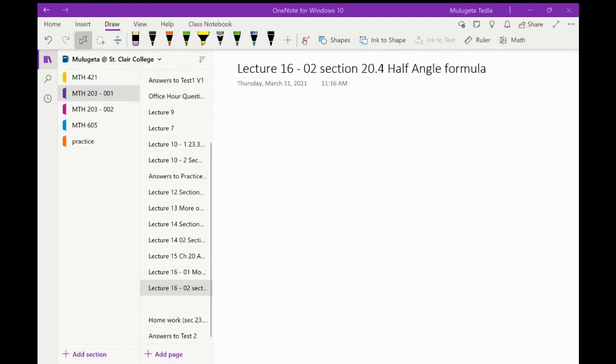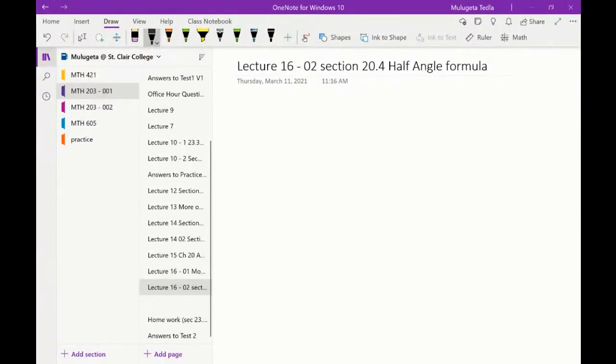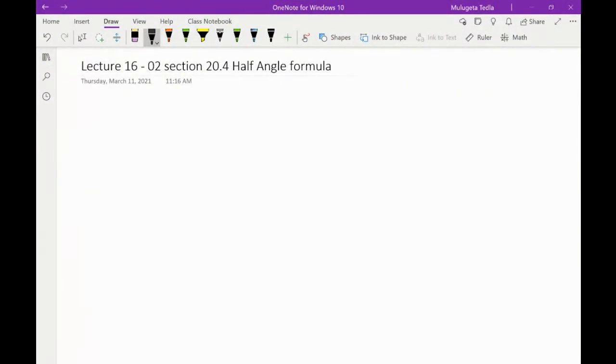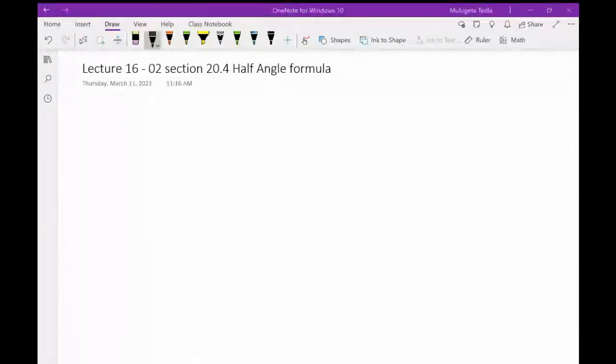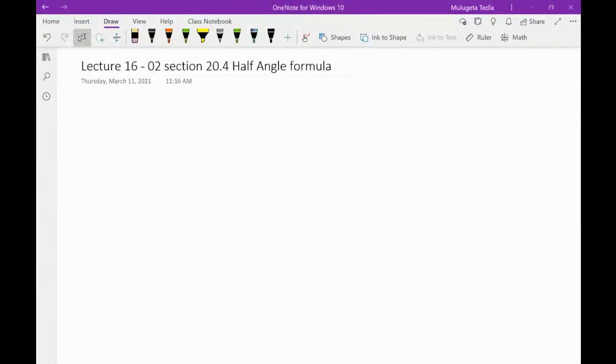All right, so there is a short section which is called half angle formula, but it probably is the most important, I think. Okay, so for the half angle formula, remember what we had for the cosine of 2x.